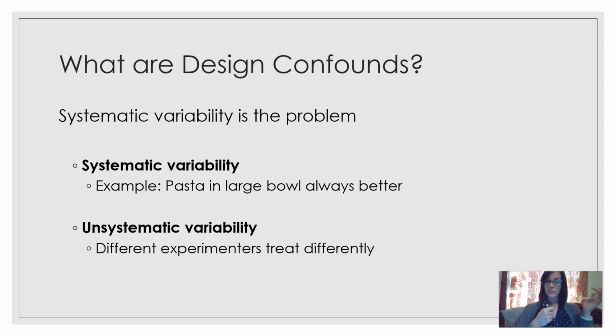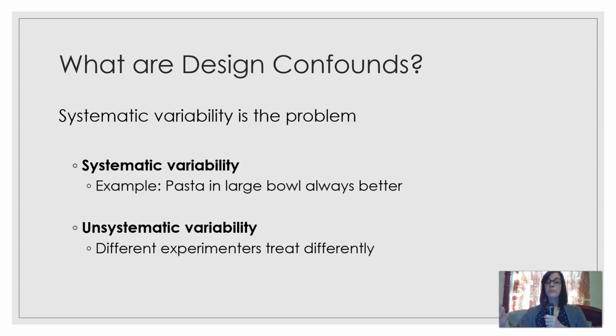So for example, experimenters might treat participants differently. Oftentimes with a lot of experiments, they're run by multiple experimenters. When I was working in a lab in graduate school for a lot of the big studies, there would be multiple people, myself included, other graduate students and undergrads who were collecting data.